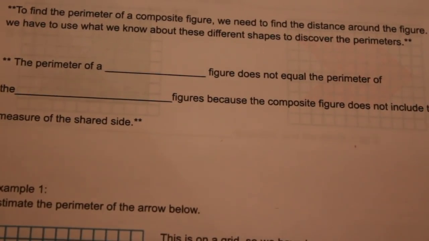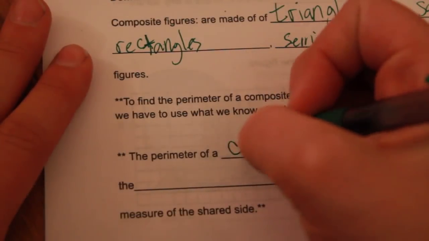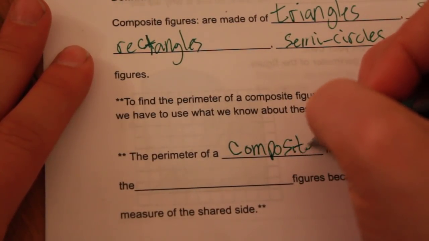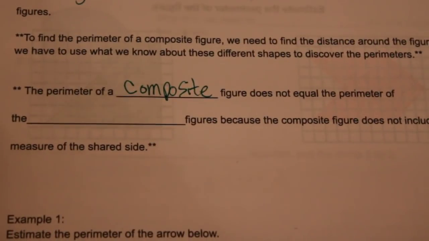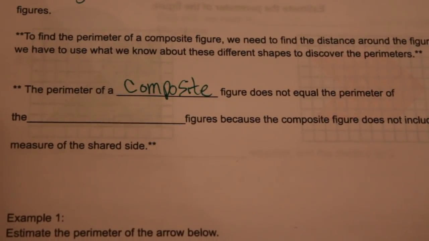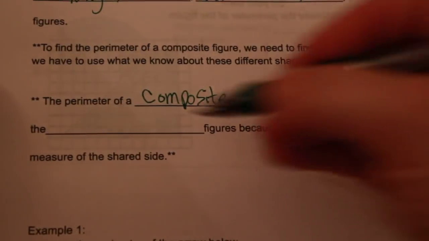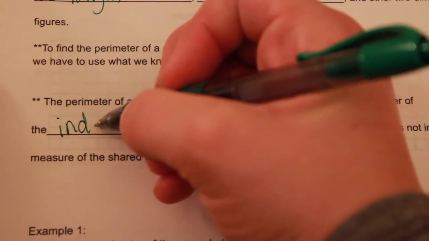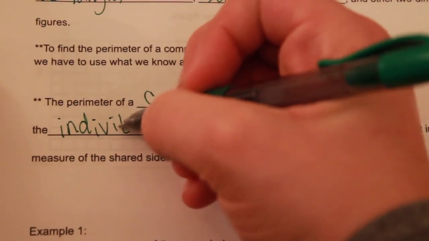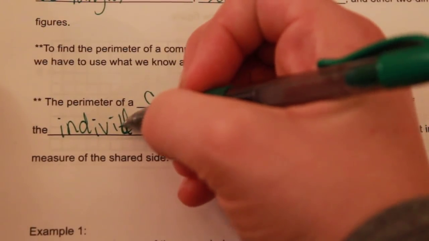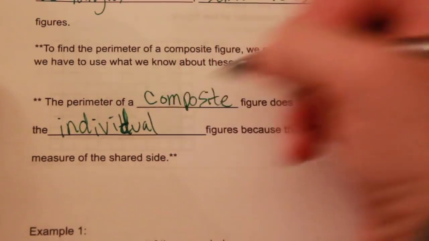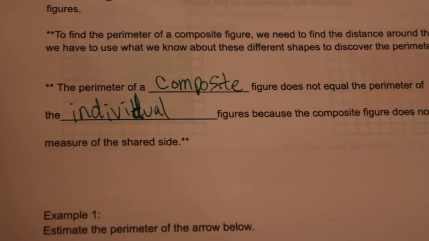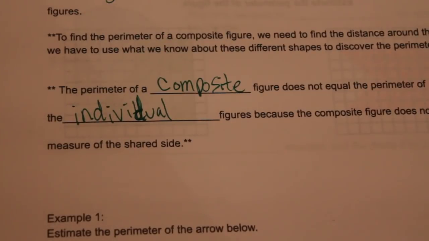So the perimeter of a composite figure does not equal the perimeter of the individual figures, because the composite figure does not include the measure of the shared side.